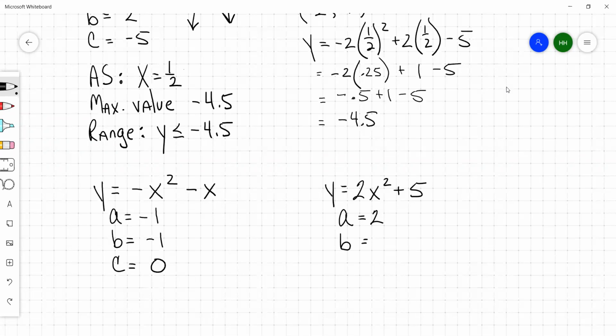There's not a number in this equation in front of the x, so that makes your B 0. And your C value now, that's this positive 5. Got it?